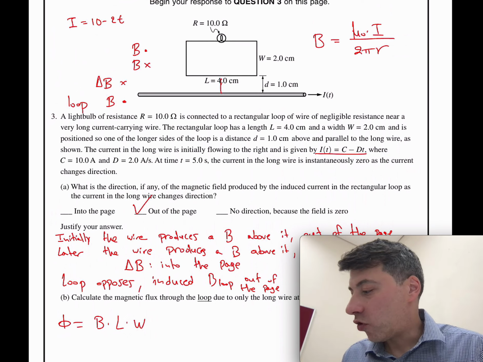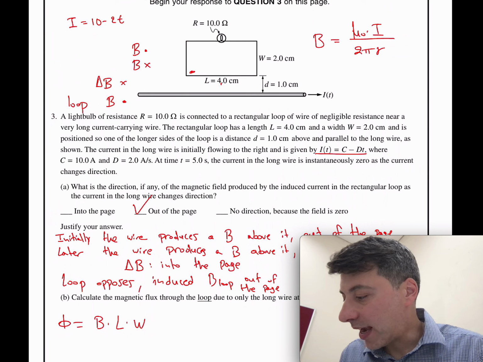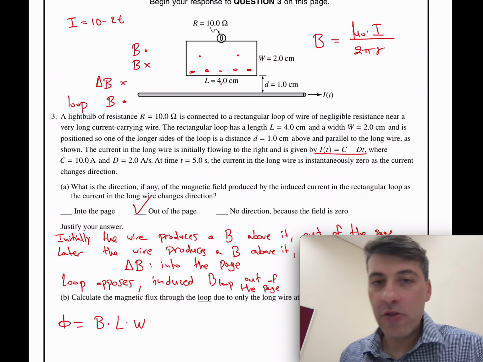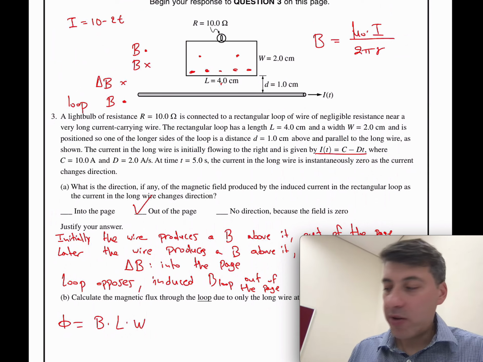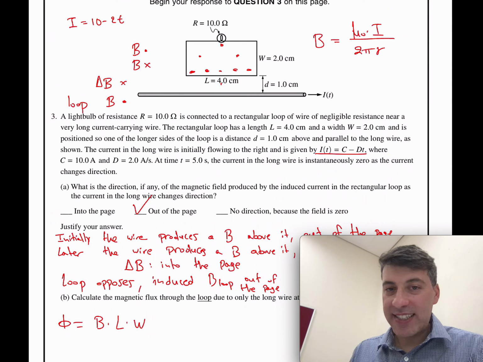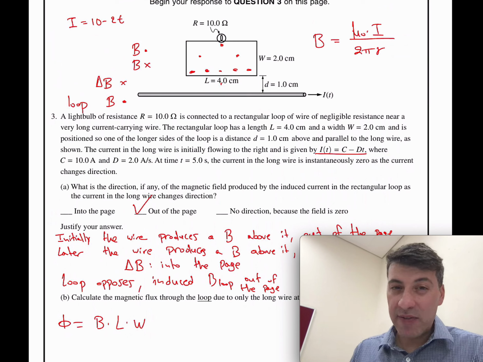If we could see, the magnetic field has a relatively big value close to the wire, a smaller value away from the wire, and an even smaller value further away from the wire. So we need to consider how this affects the magnetic flux.